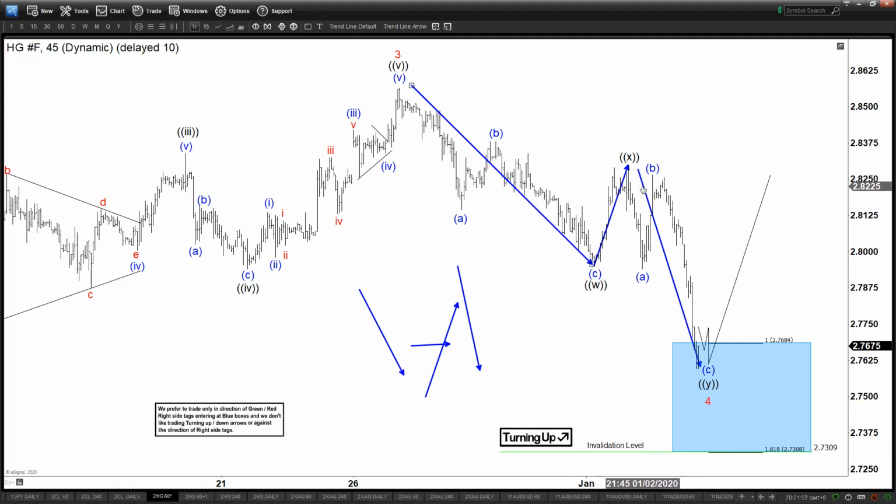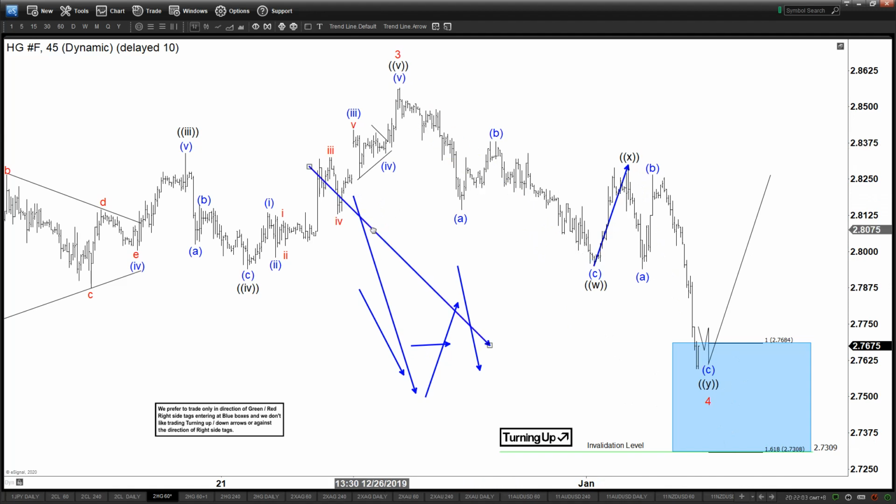Now what might go wrong for us here is if this is actually 5 waves like this, let's say 1, 2, 3, 4, 5. If this is 5 waves, then yes, we can be stopped out.